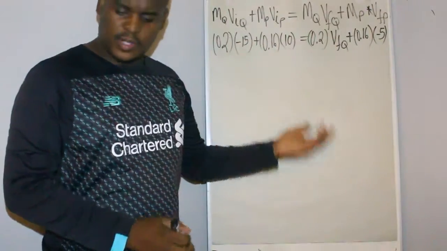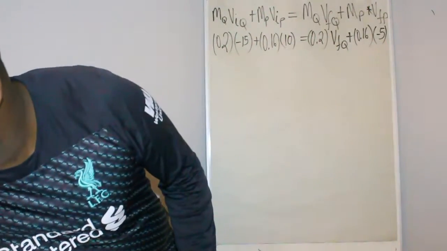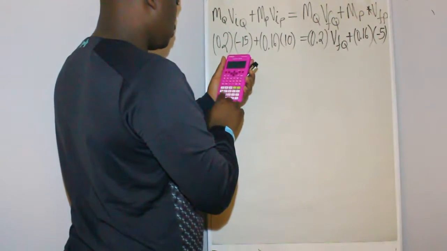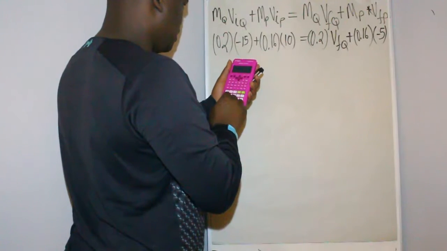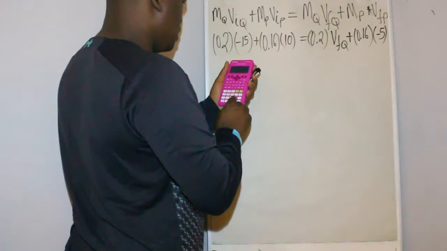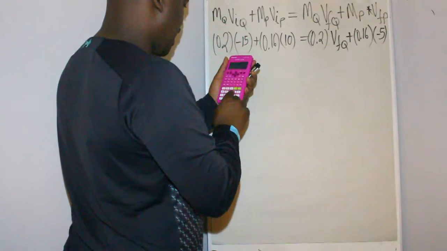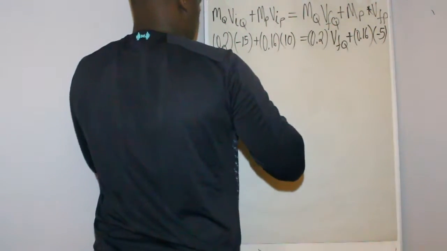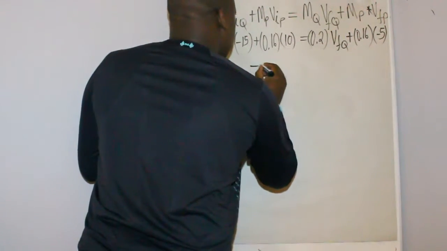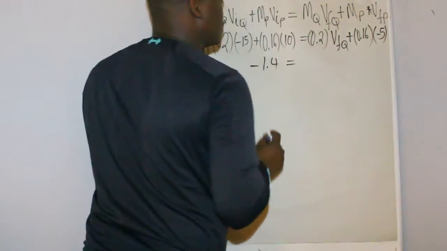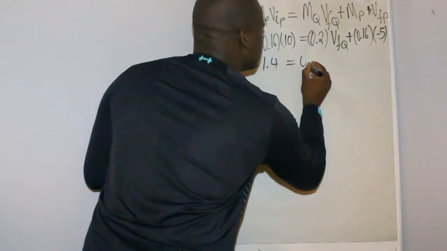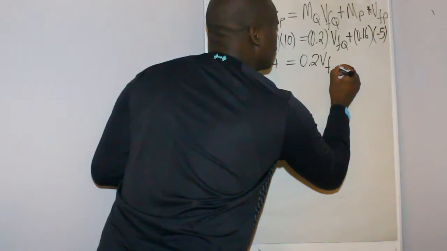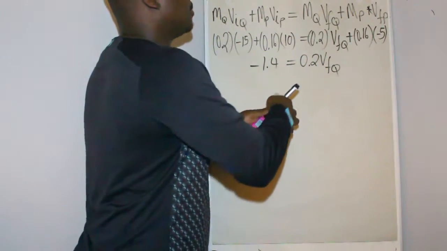Once you have this, you can use your calculator to find out what this means. So punch this on your calculator: 0,2 times negative 15 plus 0,16 times 10. The answer is negative 1.4. Then on this side we have 0,2 VFQ, which is just the product of that.